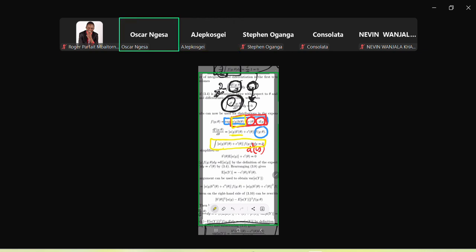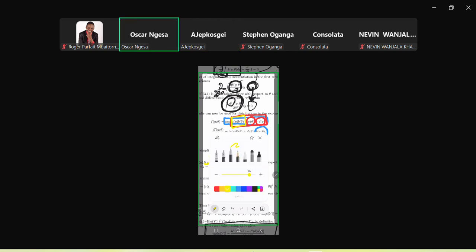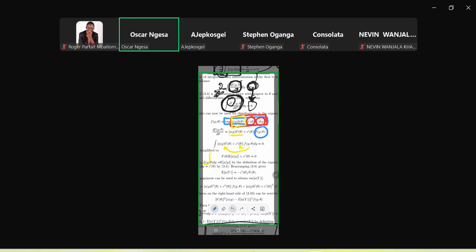So we need to multiply this with this, and we just distribute them. We'll end up with the integral of a(y) b prime theta f(y, theta) dy.